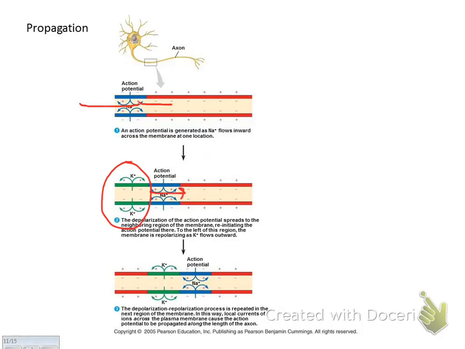So it's happening all at one time. As the nerve impulse goes down, it's depolarized, and then right behind it, it's repolarized. Does that make sense, looking at the picture?